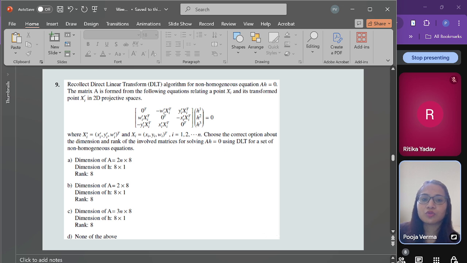Now choose the correct option about the dimension and rank of the involved matrix for solving AH is equal to 0 for a set of non-homogeneous equations.